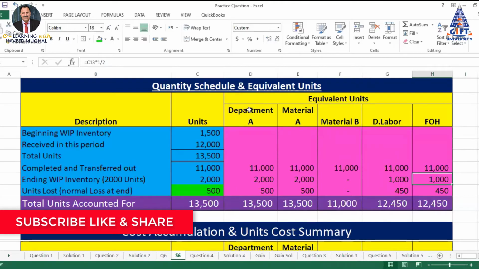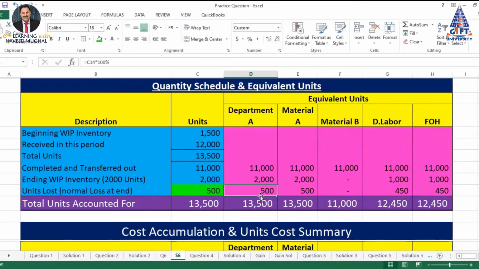Here we have department A. When they were lost with respect to department A, they were 100% complete because material was added on these 500 units at start. So they have consumed that material. That's why they are 100% complete. Material B was not added to those units because they were lost units, and material B is added only to good units. That's why they haven't received any material B. So that's why they are 0% complete.